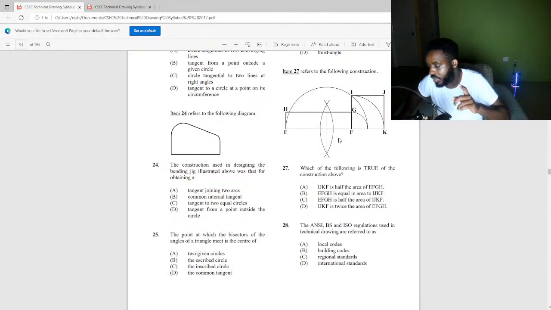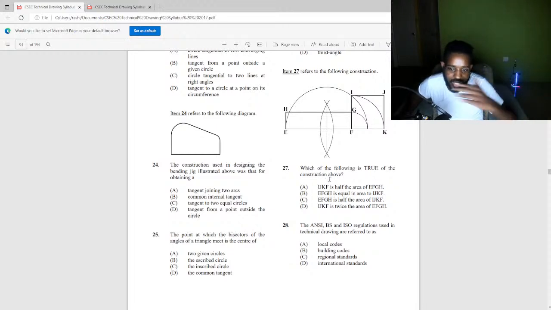Item 27 refers to the following construction. Which of the following is true of the construction above? IJKF is half of the area of EFGH.